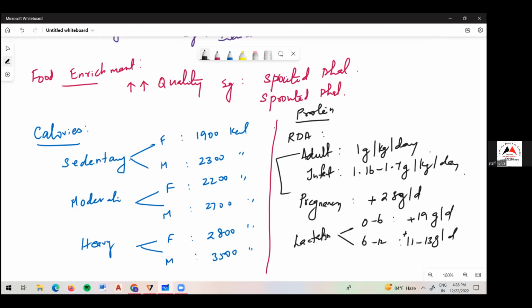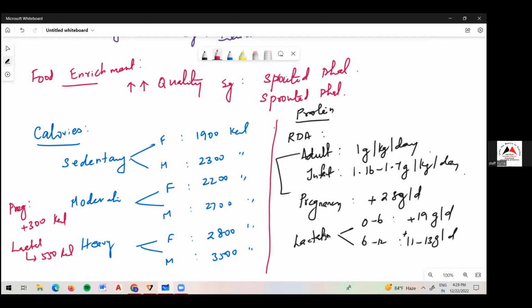Note one more sentence: the calorie requirement during pregnancy is plus 300, and during lactation plus 550.